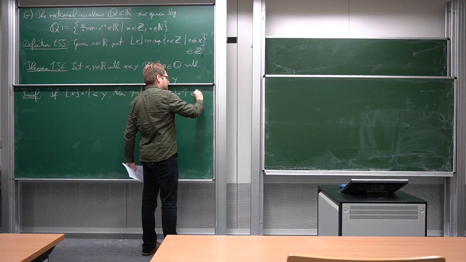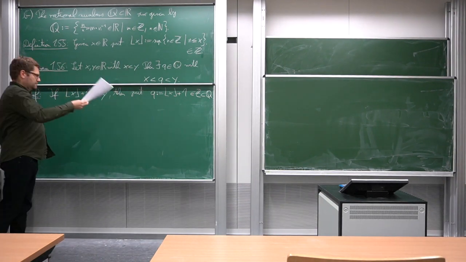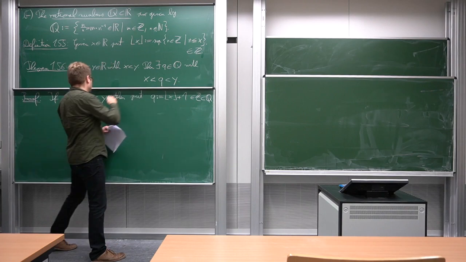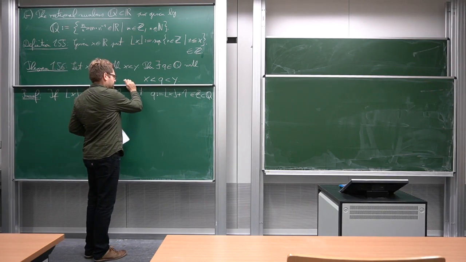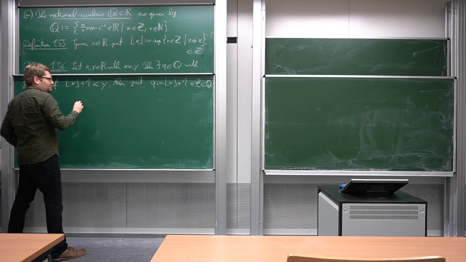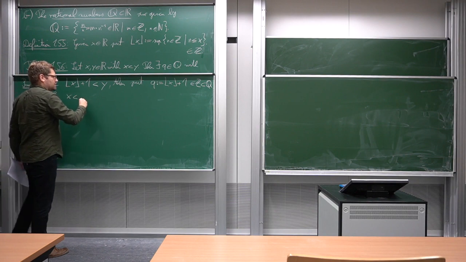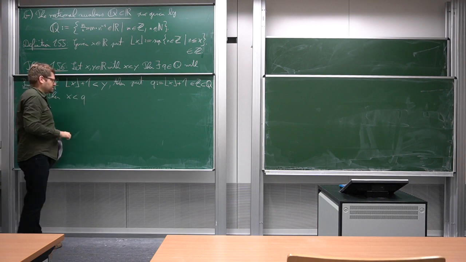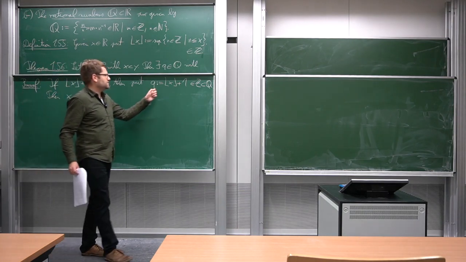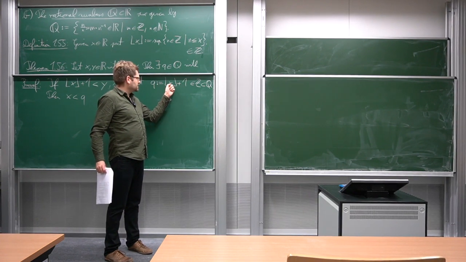This is an integer, and the integers are in the rational numbers. So, we've already done the job. Of course, this number here. Then we know that x is smaller than q, because if x would be at least 1 bigger than this floor plus 1, then this number wouldn't be the smallest one.